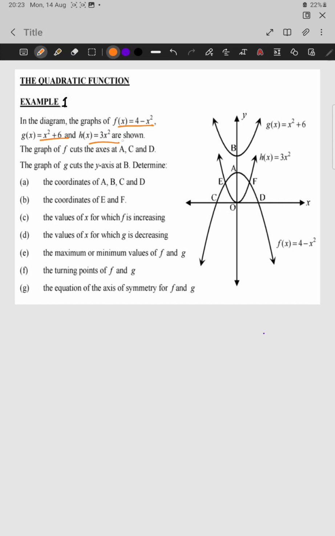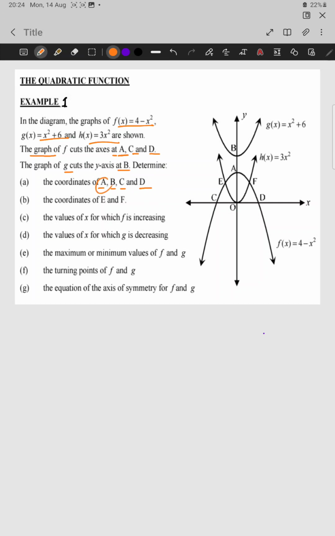Now they say as shown, the graph of f cuts the axis at a, c and d, and the graph of g cuts the y-axis at b. So therefore we need to determine the value of a, b, c and d.